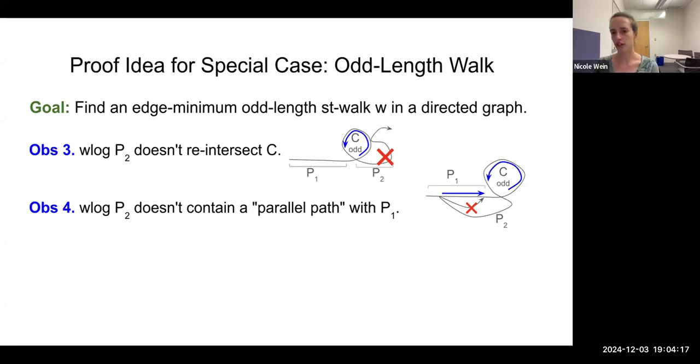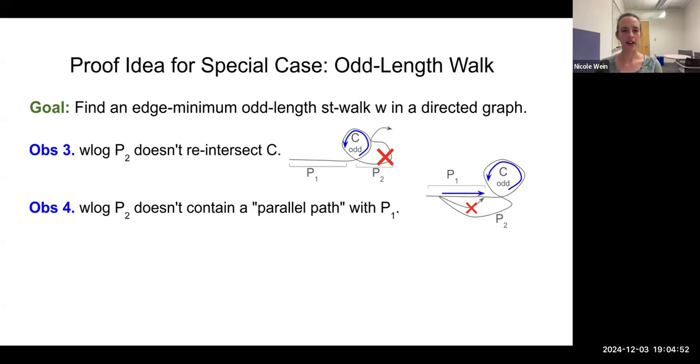We can assume without loss of generality that this doesn't happen, because we can remove this detour part of P2 and replace it with this path directly along P1, reusing those P1 edges. The point is similar to observation 3: when I do this, the parity of the path might change, but I can fix that by going around that odd cycle another time.